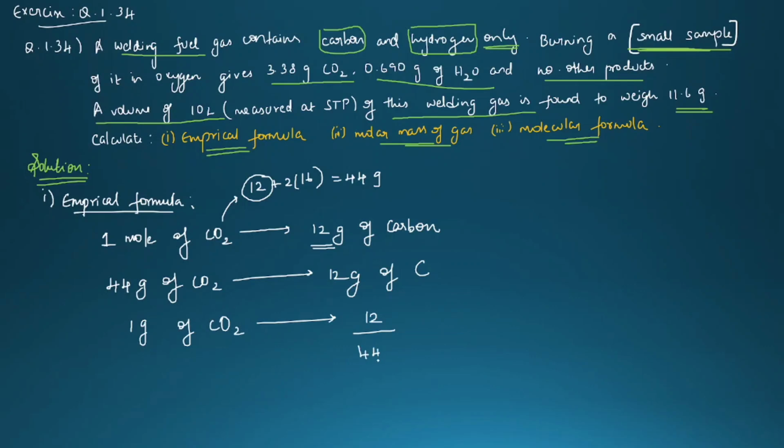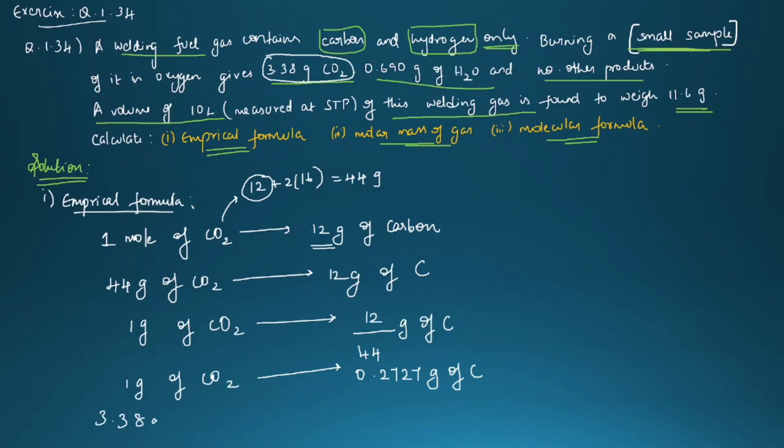Taking 44 to the left side, on the right side we'll take it to the denominator. So 12 by 44 grams of carbon. So 1 gram of carbon dioxide will be 12 by 44, which is nothing but 0.2727 grams of carbon. So 1 gram of carbon dioxide gives 0.2727 grams of carbon.